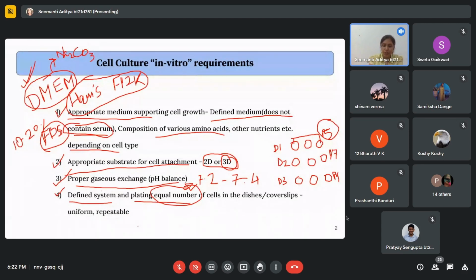We have to keep these things in mind when culturing our cells, so that we get repeatable results, and biologically it has to be replicable, and you should not get totally opposite results when you replicate it. So that is about biological replicates and technical replicates.